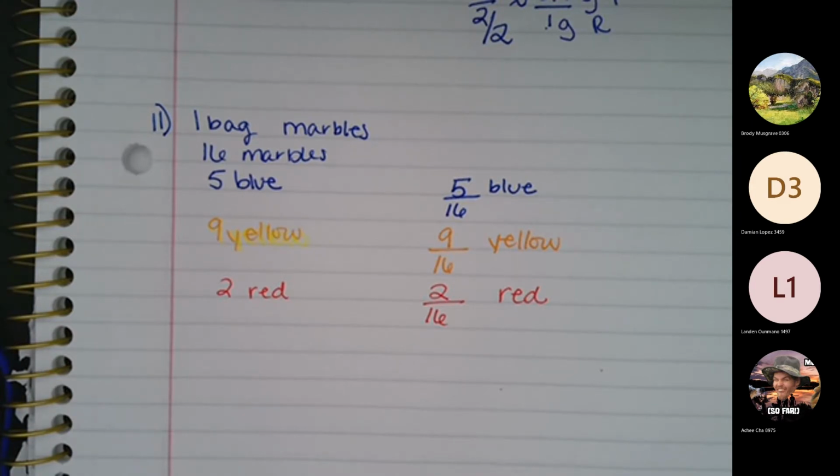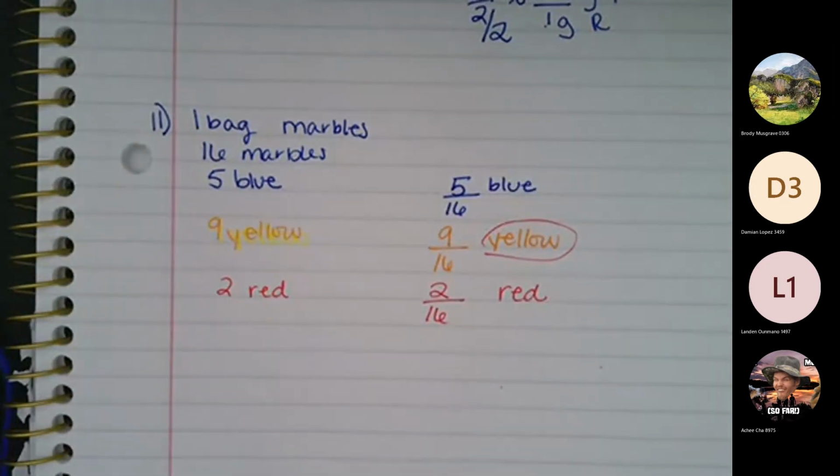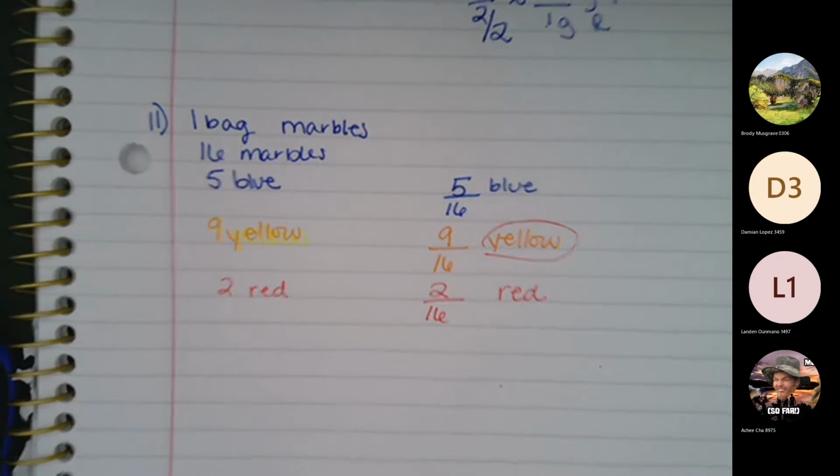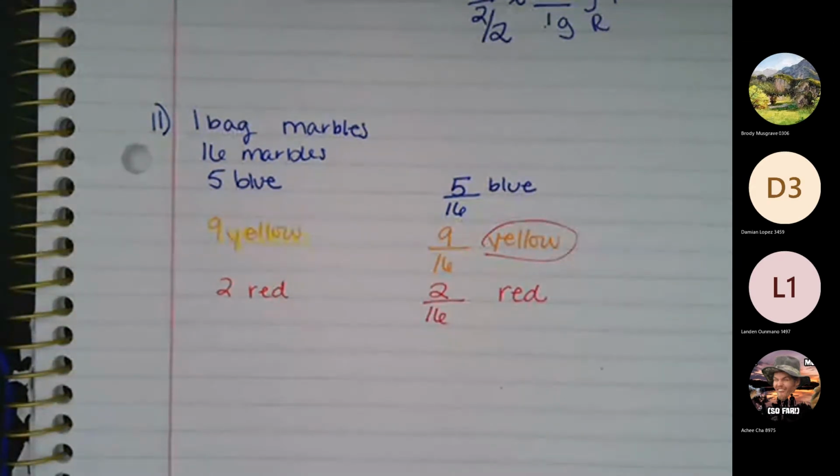The greatest portion of my marbles are yellow. So it's not unlikely that yellow would be selected. It is most likely that yellow would be selected. That one is false, right? See, it's not that confusing once I say it like that, right? So it is certain that a blue marble will be selected.